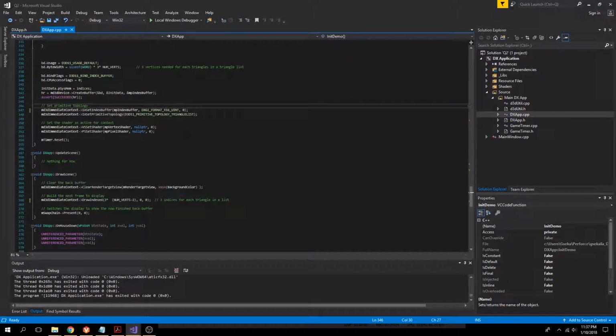Yeah, like R8, G8, B8, A8, it can be either red, green, blue, or alpha.